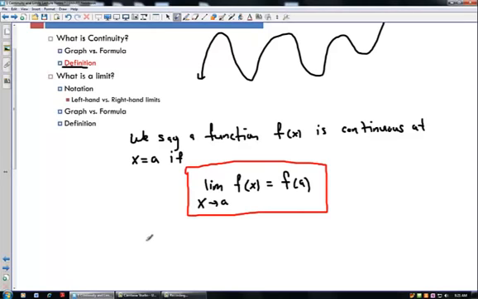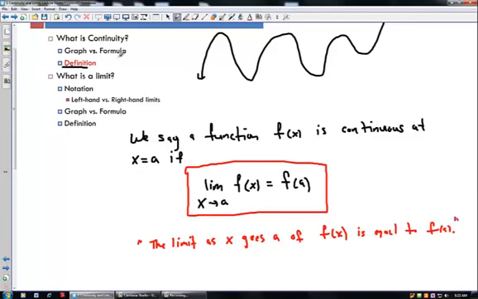We say this is the limit as x goes to a of f of x. And then, of course, on the right-hand side, you could say is equal to f of a.